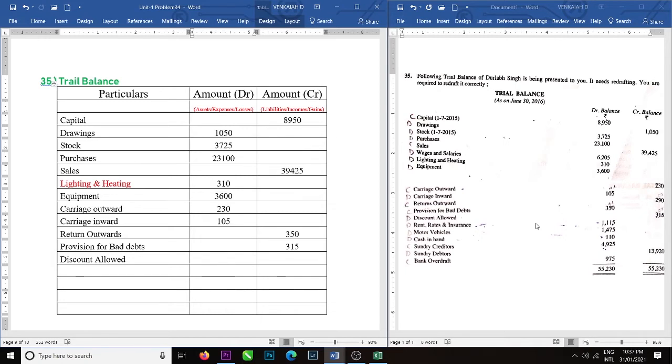Carriage outward 230, carriage inward 195, return outward 290. Provision for bad debts 350. Discount allowed is 315.